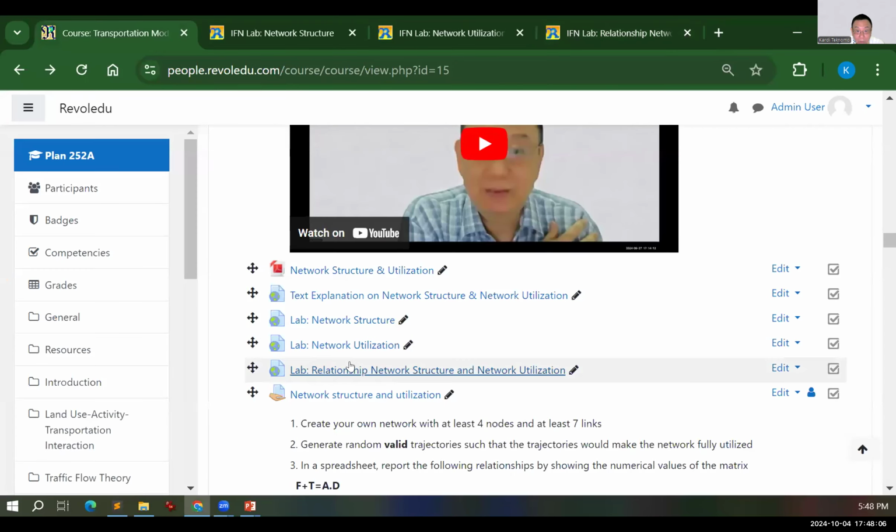So you can go to the model repository and go to the third lab here, the relationship between network structure and network utilization.